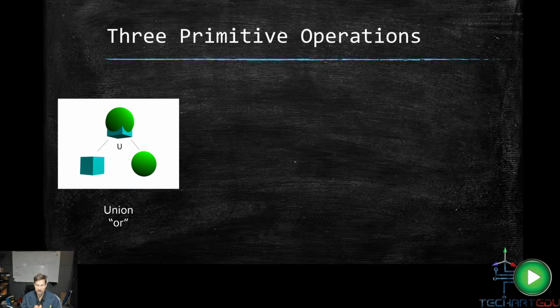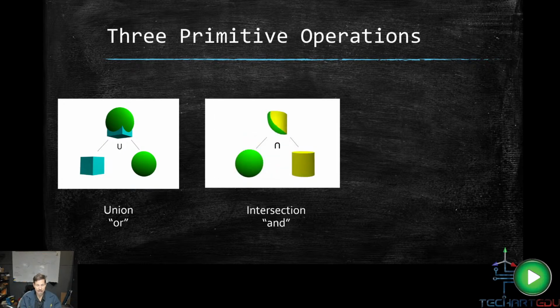Now complementary to that is intersection, and that corresponds to the Boolean operation of AND. So it's got to be inside of the sphere and inside of the cube.